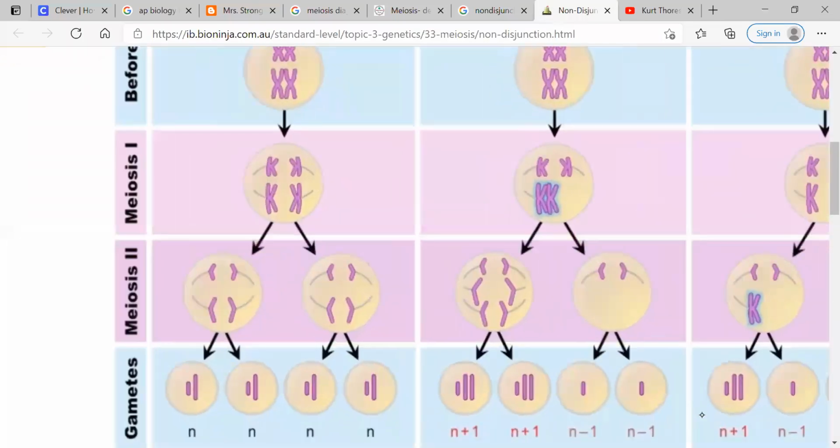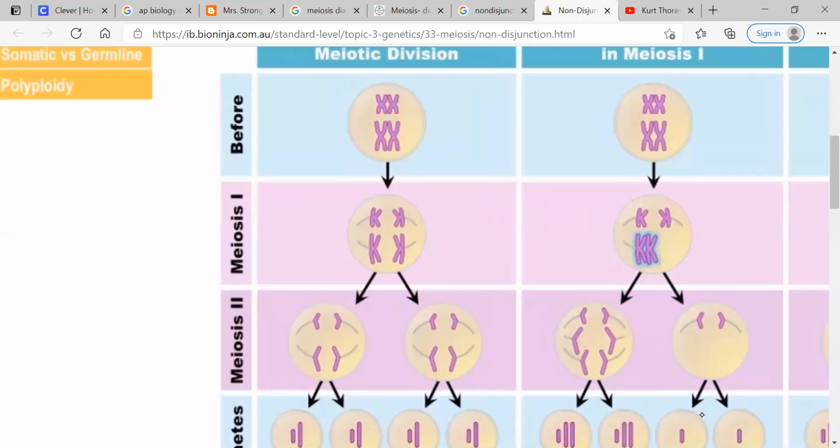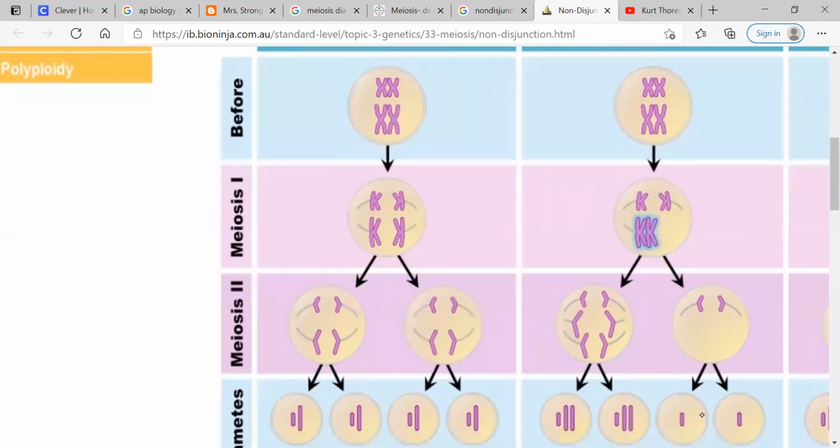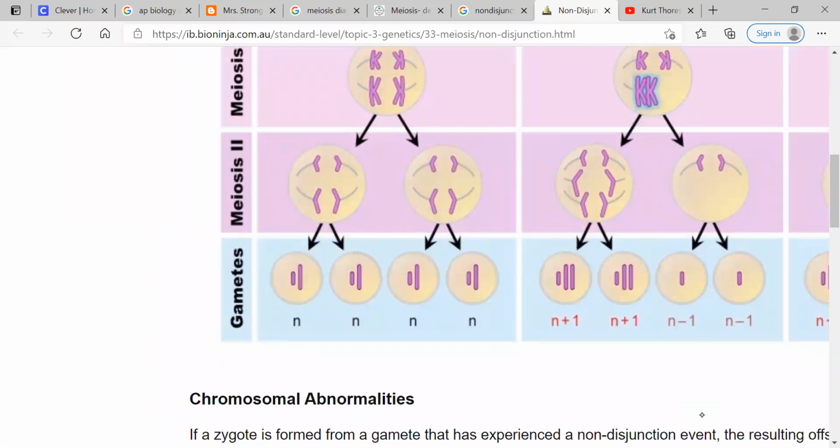I want you guys to take a look at, this is right here on the far left, that is normal. I want to see if you can tell me. Look at the before box. What is the diploid number? 4. Okay, it is 4. And then what is the haploid number on the bottom? 2. Very good.